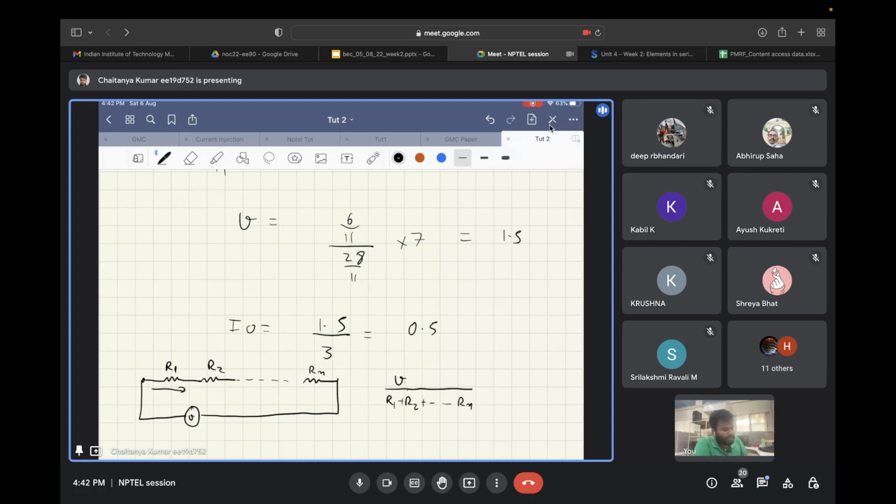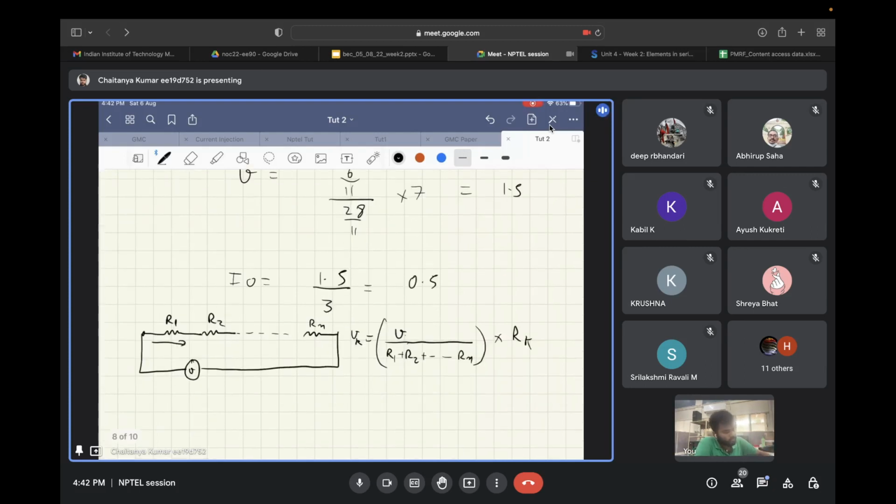This is the same current that flows through all of the resistors. So the voltage across one resistor, let's say Rk, will be this current multiplied by the value of that resistor. This gives the voltage across the kth resistor. For the specific case of two resistors, R1 and R2, V2 comes out to be V into R2 upon R1 plus R2.